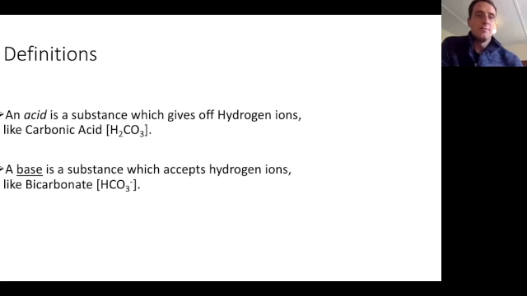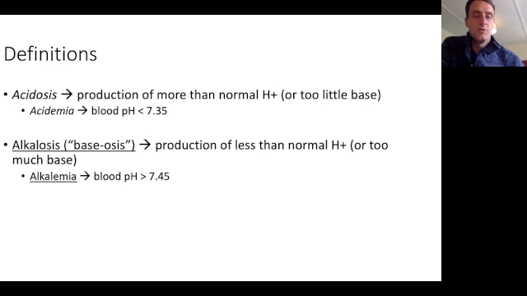Just to set some other definitions, an acid is a substance that gives off hydrogen ions, and a base is a substance which accepts hydrogen ions. So very simple terms here, but of course it becomes very important as we talk about balance of hydrogen ions between acidosis and alkalosis. With our next definitions, acidosis is the production of more than normal hydrogen or too little base.